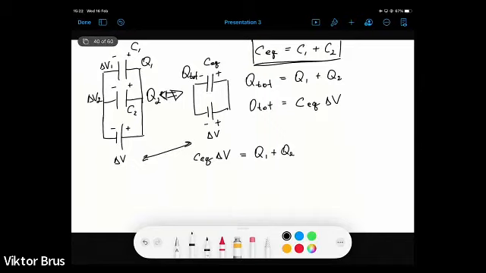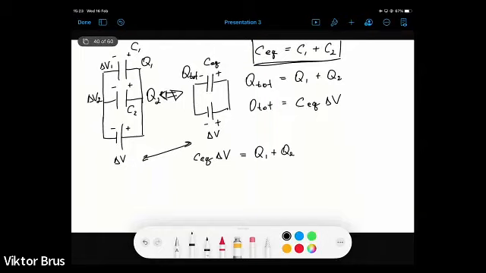How do we express the electric charge accumulated by a capacitor in other terms, related to capacitance and potential difference? For each capacitor, we have its capacitance and potential difference between electrodes.